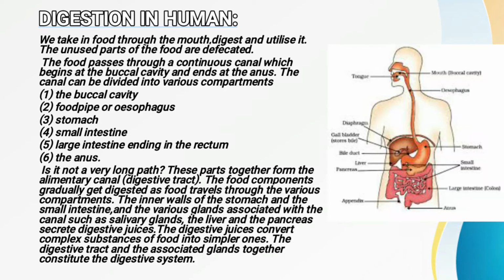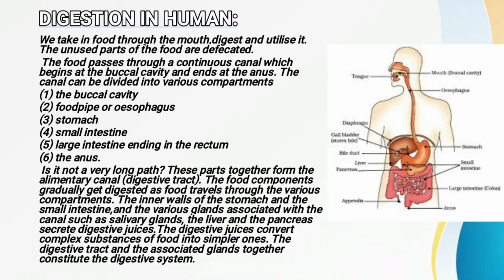Whatever food items we are taking in are gradually digested in different compartments. They get digested in the stomach, in the small intestine, and in other compartments also. The inner walls of the stomach and small intestine and the various glands associated with the canal, such as the salivary glands, liver and pancreas, secrete digestive juices also.